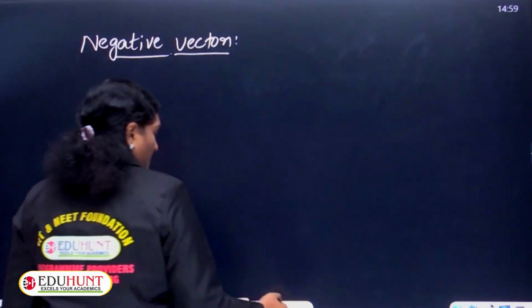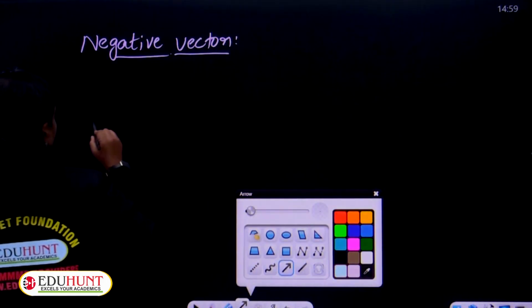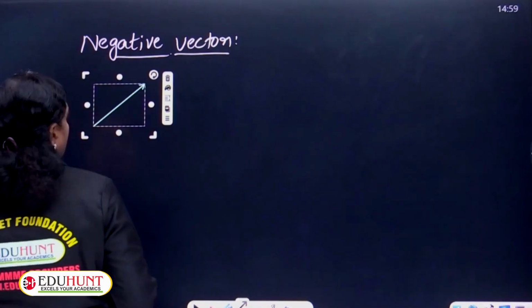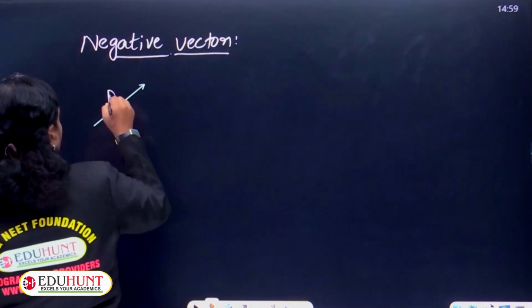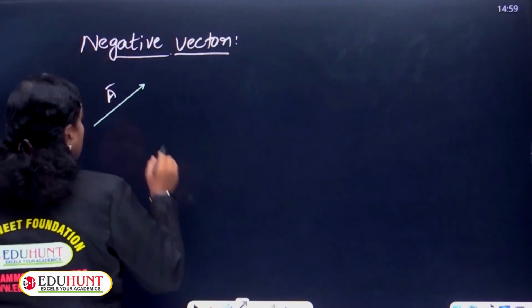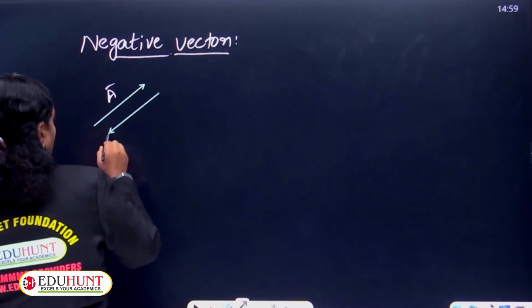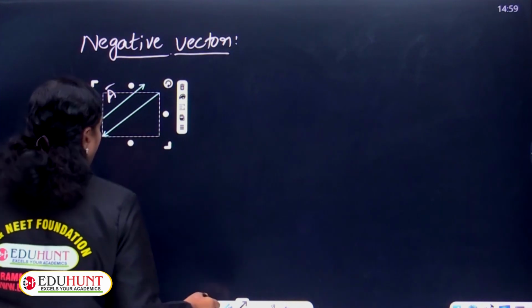Suppose you consider a vector, and let us name this vector A bar. Let us also consider another vector, say B bar.